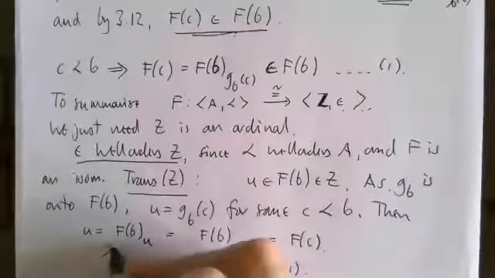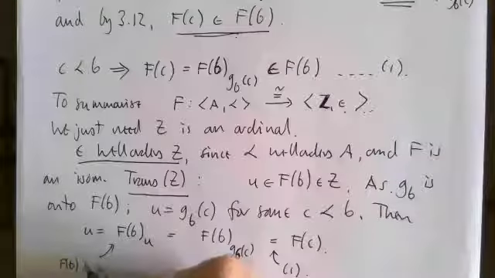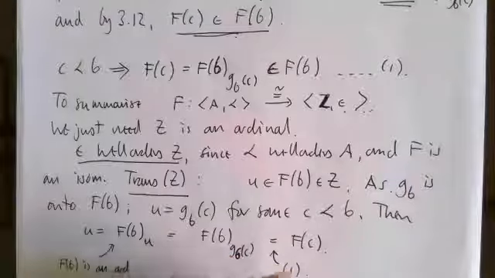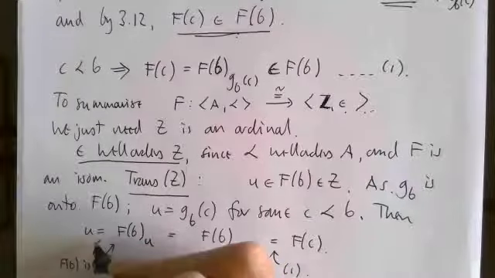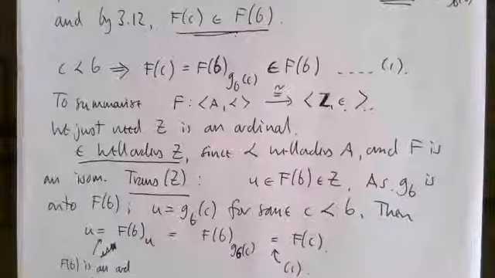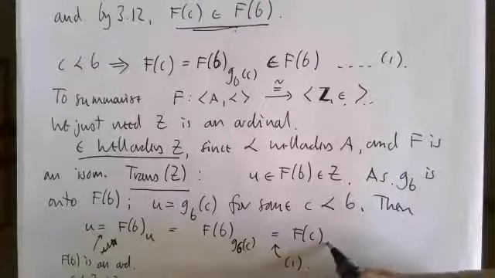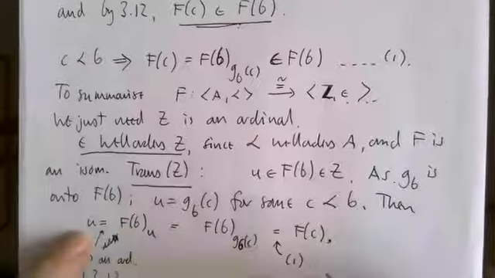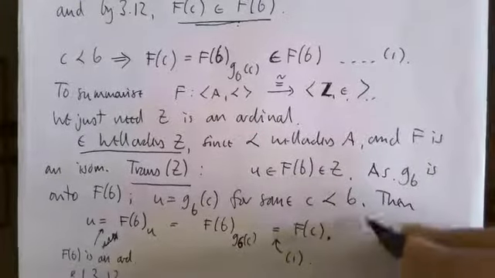And this is because F of B is an ordinal. And by Lemma 3.12, this equals here. So the upshot is that U is in the range of F. So U is in Z.